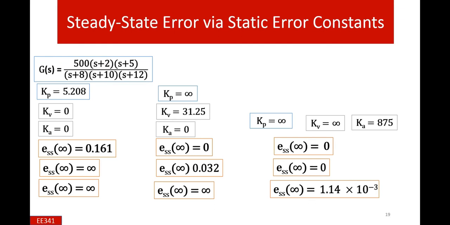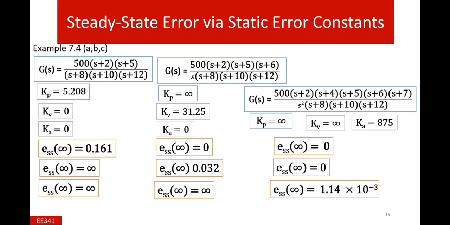It means that with a type 0 system, we are only able to apply the step input or impulse. If we apply the ramp or parabolic input, the system becomes unstable and there are infinite steady state errors.